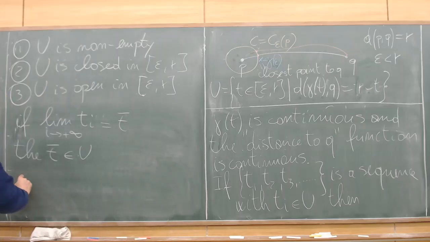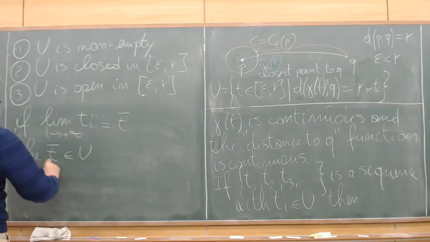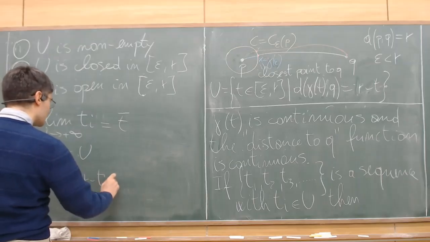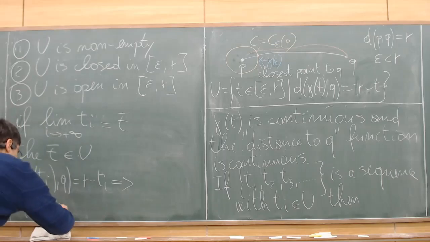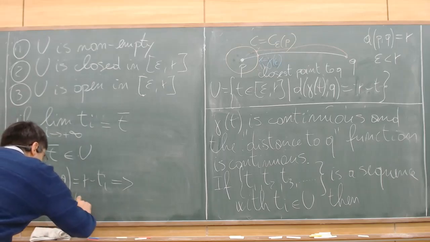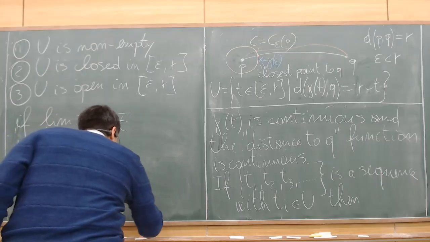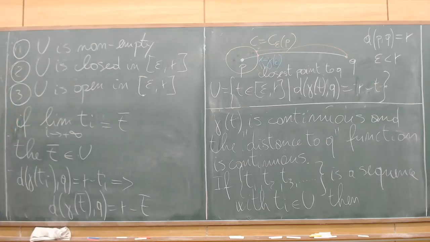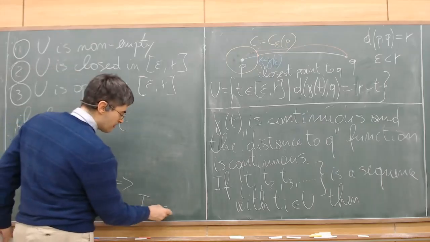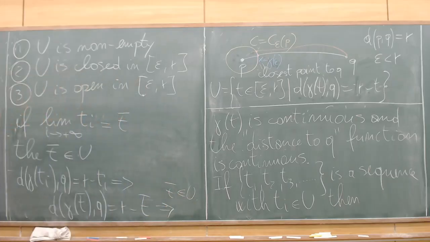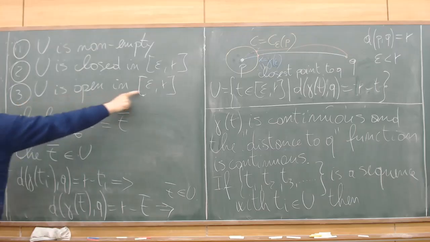So the fact that the distance of gamma Ti to Q is equal to R minus Ti implies that the distance of gamma T bar to Q is R minus T bar. So this says T bar belongs to U. Now we have to prove that U is open.